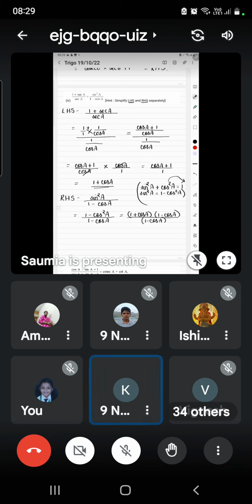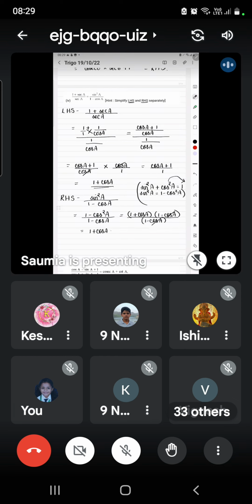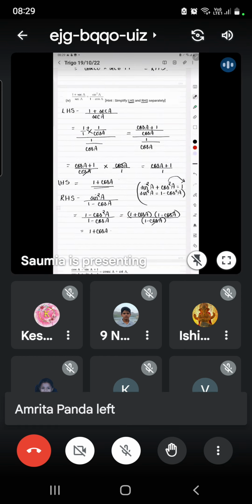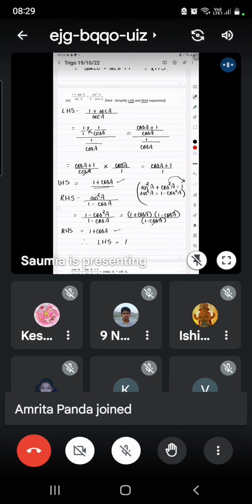Ma'am, cancel 1 minus cos A. Yes, and what remains? 1 plus cos A. So you saw LHS also became this, RHS also became this. So can I say LHS is equal to RHS?